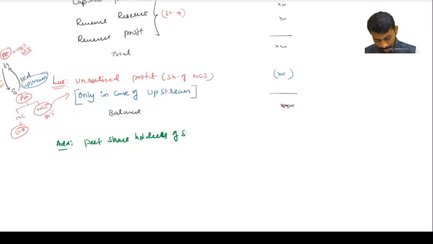Here, write it as outside preference shareholders. Sir, why outside preference shareholders? The holding company also might have invested in preference shares of the subsidiary company. Yes, sir. Correct?